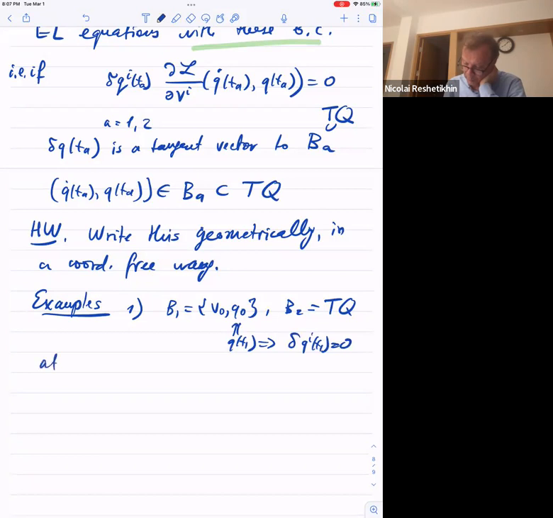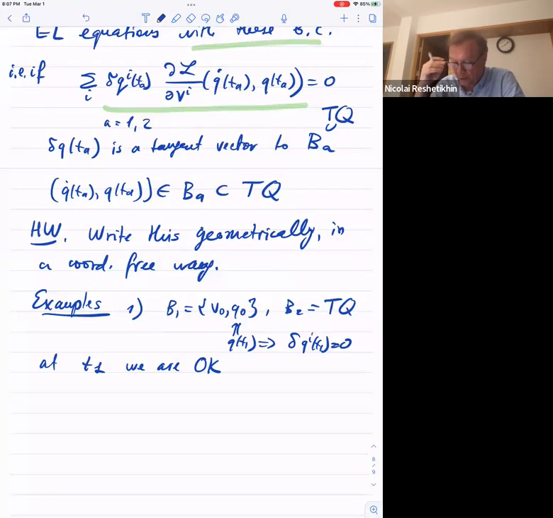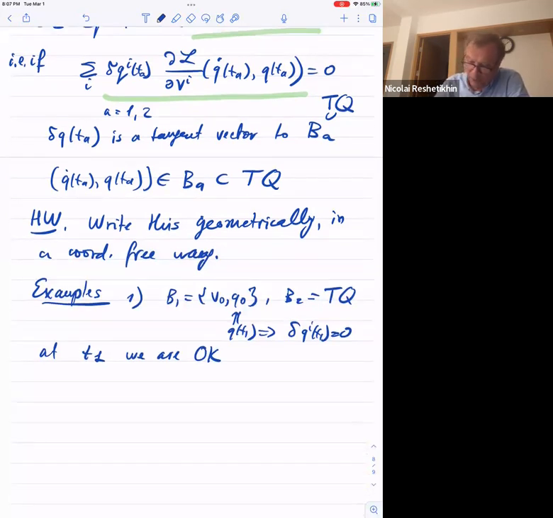And so at T1, we are okay. This expression is, and sorry, I forgot to write here the sum over i. Sometimes I will use these Einstein notations of summing up over repeated upper and lower indices. So if you don't see the summation sign, that means that I omitted it.